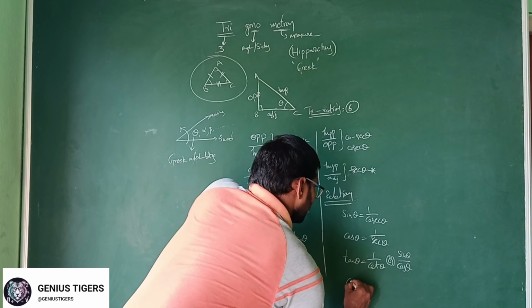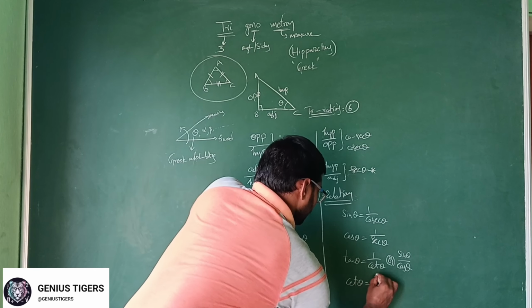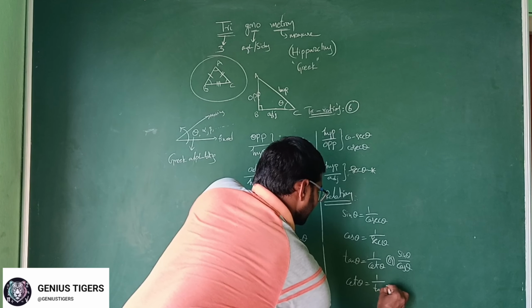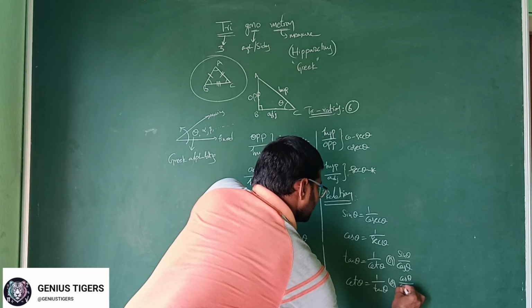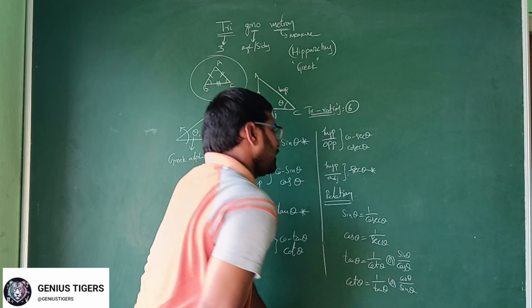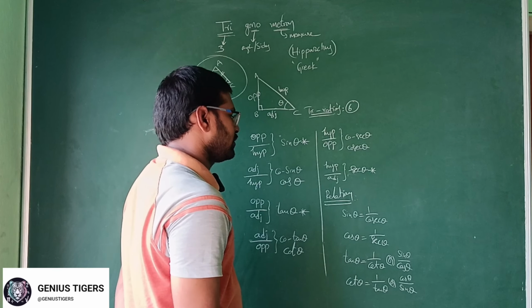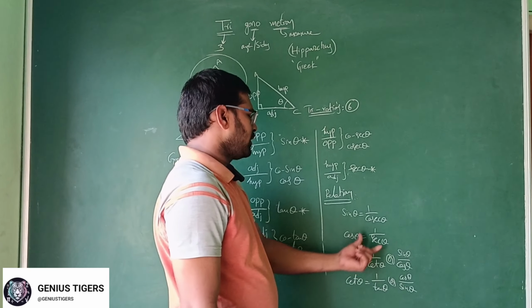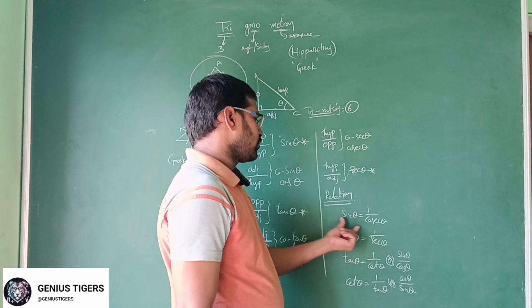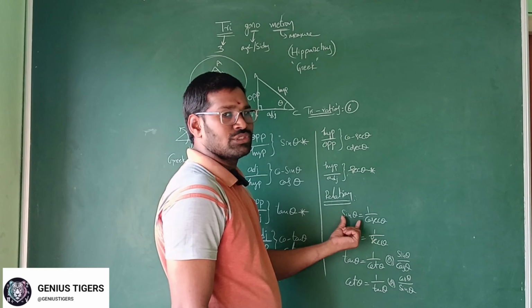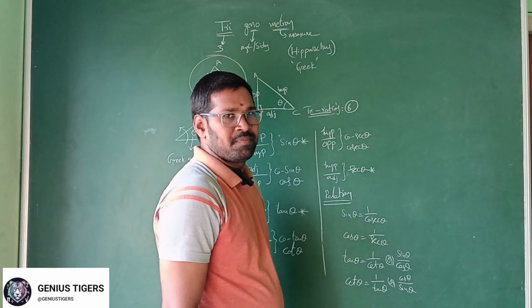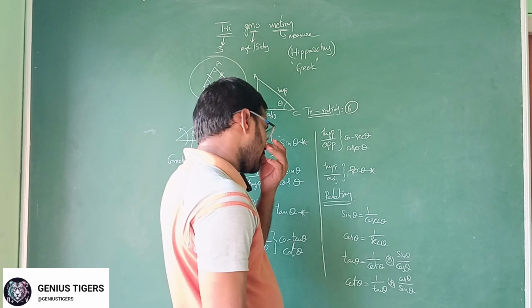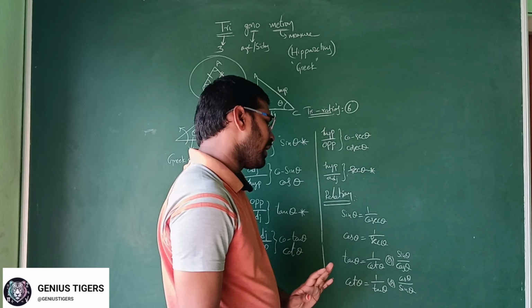Cot theta equals 1 by tan theta, or cos theta by sin theta. Simply, sin theta into cosecant theta gives 1, cos theta into secant theta gives 1, and tan into cot also gives 1. Understood?